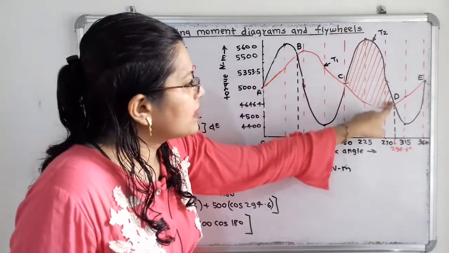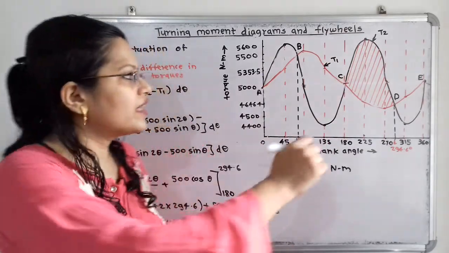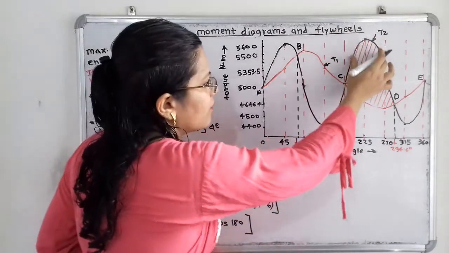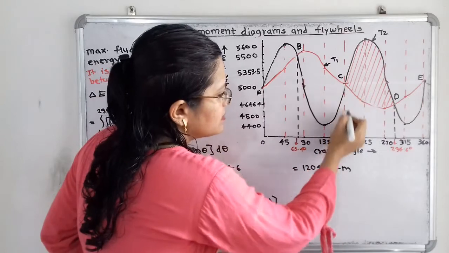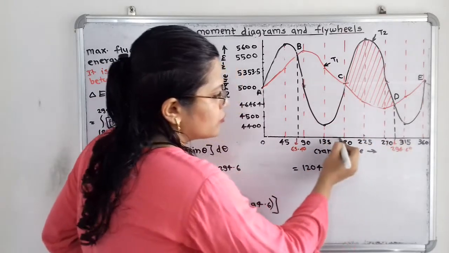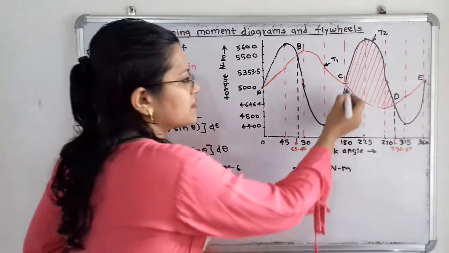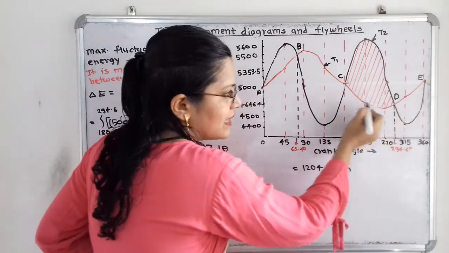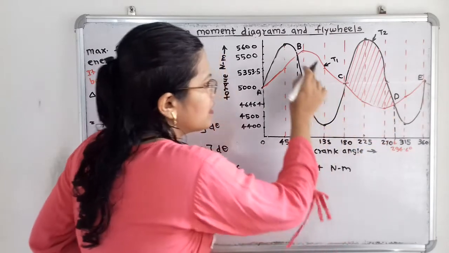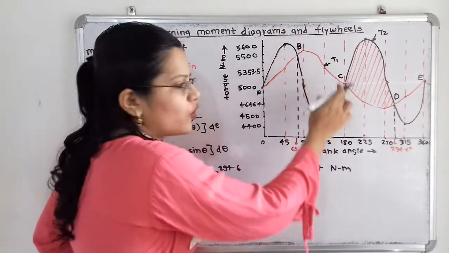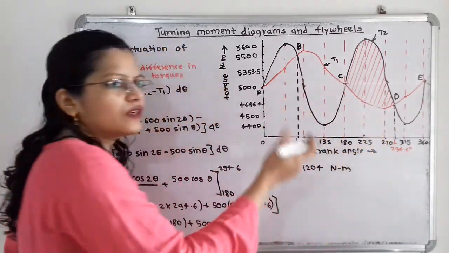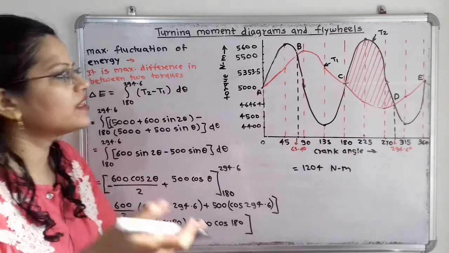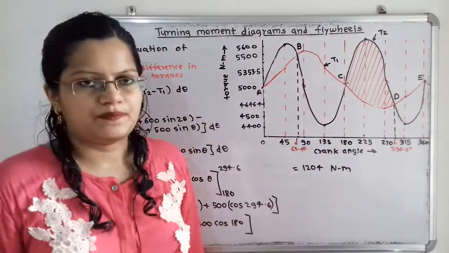If I take only the equation for torque T2, then the whole area below it is covered, up to the horizontal line. But torque T1 is also there, so we have to take only up to the line indicating the equation for torque T1. Then we have to take the integration of T2 minus T1.